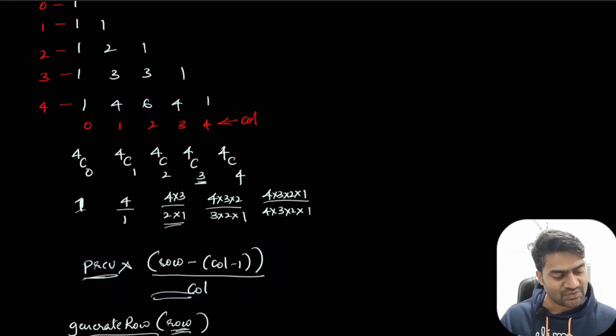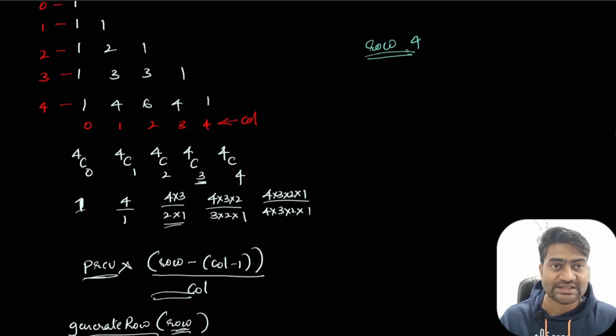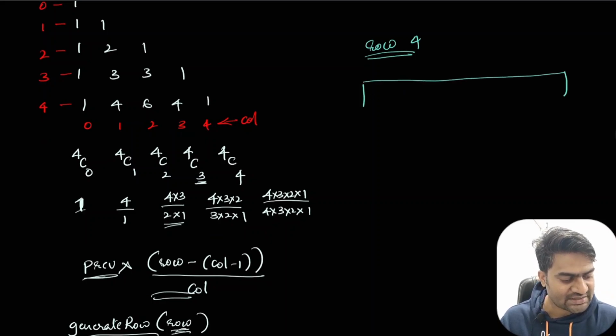Since we are considering row 4 here, it means there will be 5 elements in that particular row, because that is the fifth row. So I will take 5 elements.